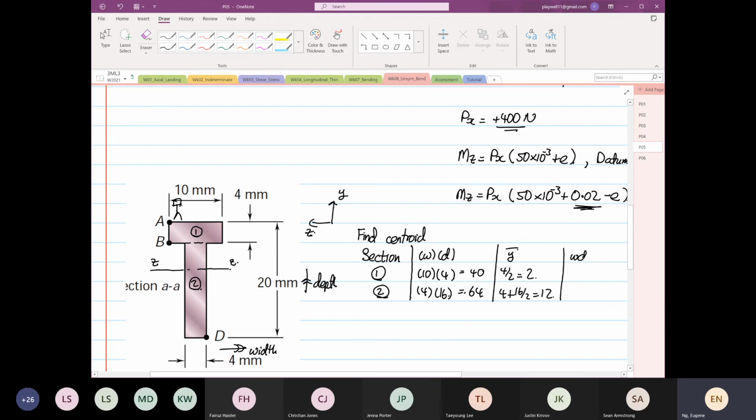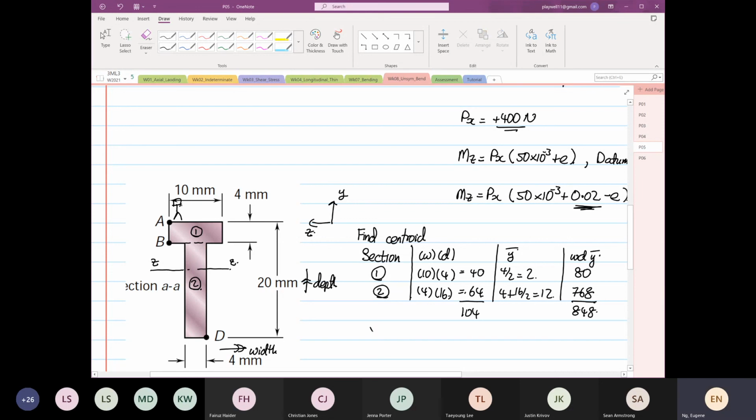Then we have our A times y bar. The first is 80, and 64 times 12 is 768. The total area is 104. So 768 plus 80 is 848.